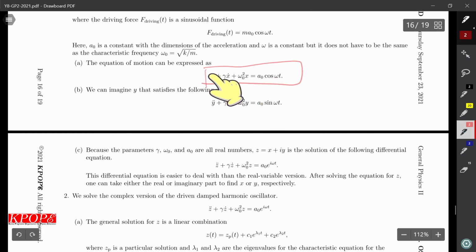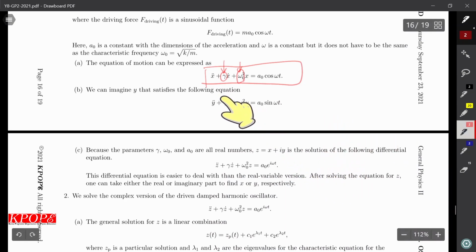The solution of this non-homogeneous equation can be found by substituting a trial solution depending on a sinusoidal function. However, it is more convenient to make use of complex numbers. We note that these coefficients are all real. That's quite important.